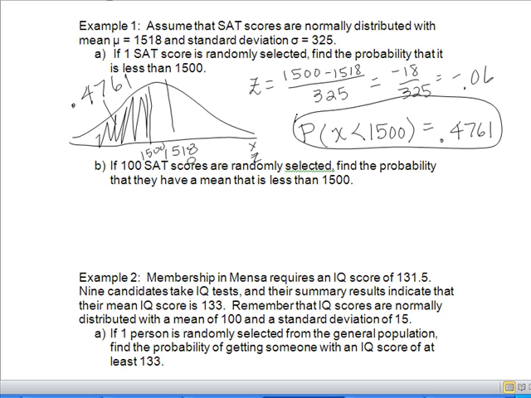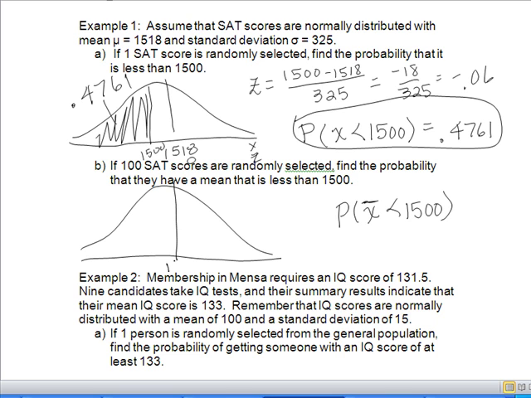So we're going to have 1500 minus 1518 times the square root of 100 divided by 325. So that's going to be a 10 times a negative 18, which is negative 180 over 325. Negative 180 divided by 325 is negative 0.55. So there is quite a big difference in our two z-scores here.